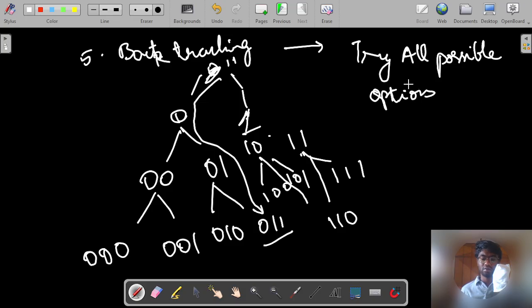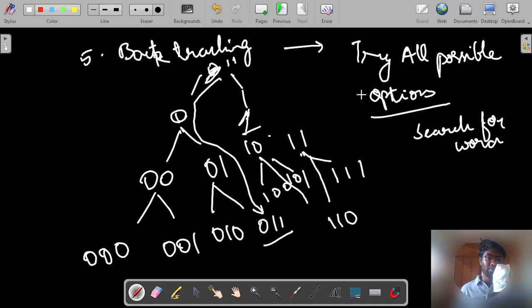It can also help in searching for a word. So here we had 0 and 1; there can be 26 characters, and there can be 26 different options, and backtracking can be done on that. So that's another example as well.